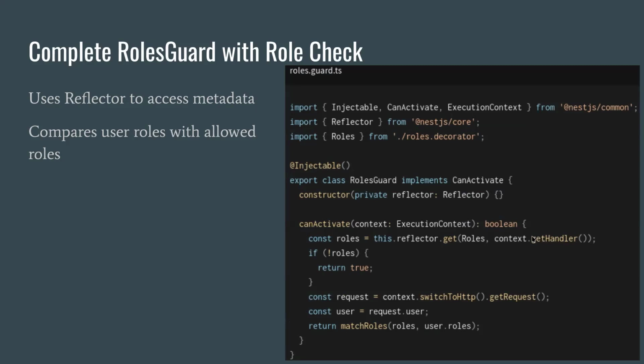The matchRoles method here then compares the user's roles to the allowed roles and returns true if there is a match. This way, we ensure that only users with the appropriate roles can access the route.